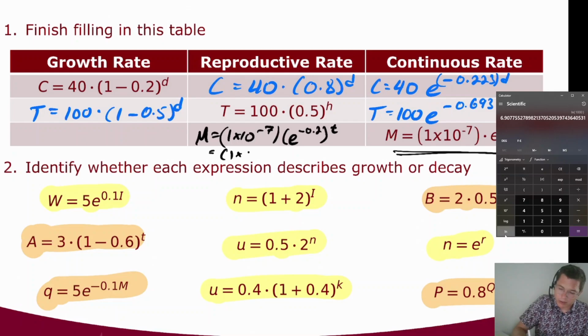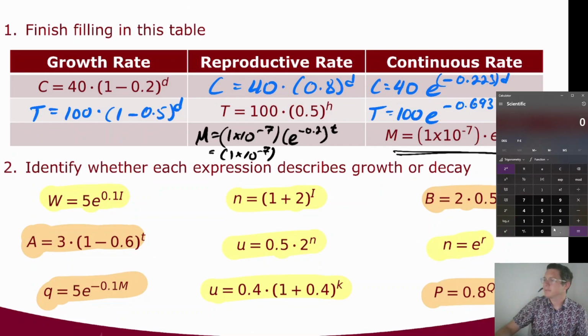So I have 1 times 10 to the minus 7, and then on my calculator, let's clear all this, I do negative 0.2 and then e to the x. That gives me 0.8187, so let's call that 0.82, to the power of t.